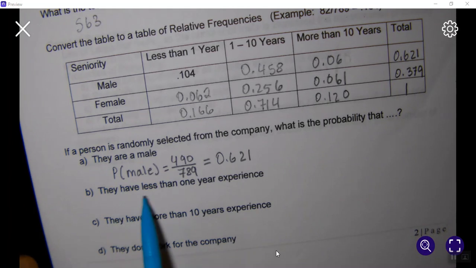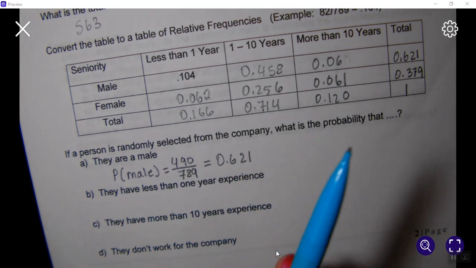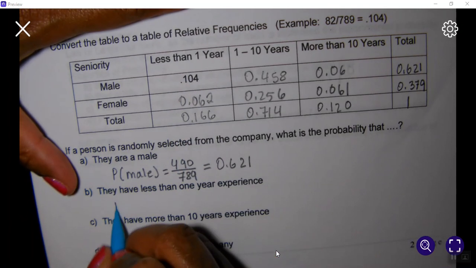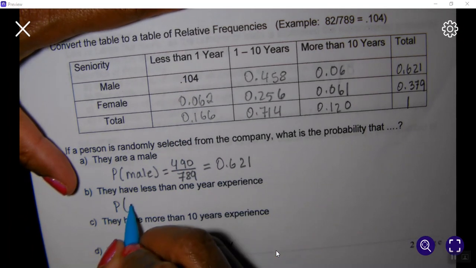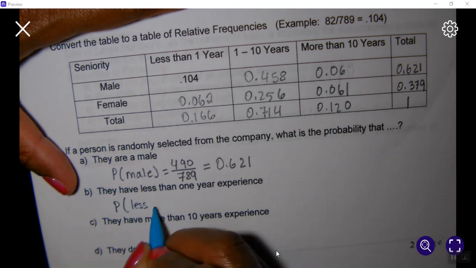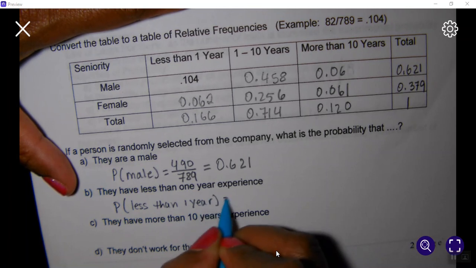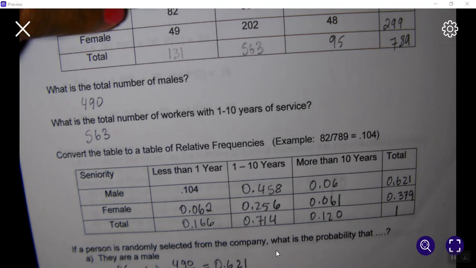What about they have less than 1 year of experience, so which is over here. So we can say, what is the probability of less than 1 year? Well, again, a couple of ways we can do that.